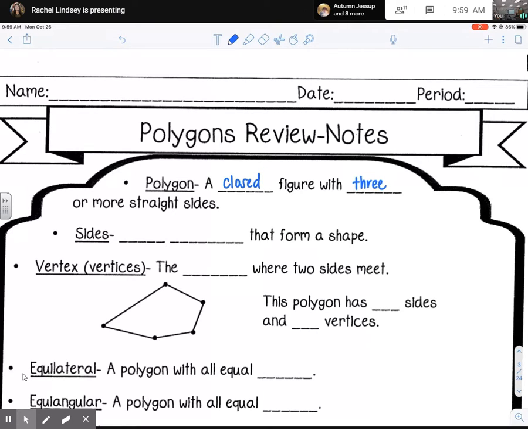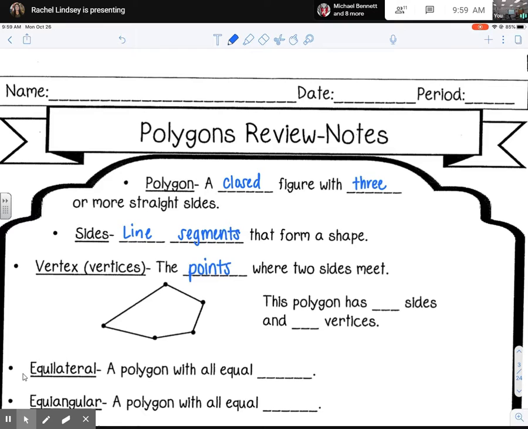So the sides are line segments that form a shape. And all of those line segments come together at vertices. We've talked about vertices before, but they are the points where the two sides meet.